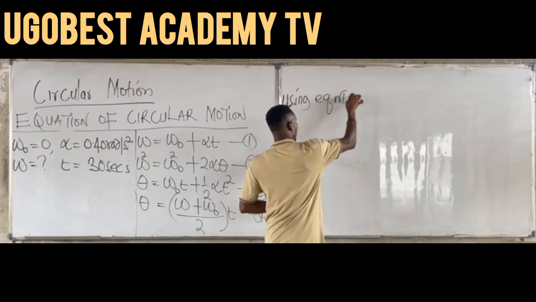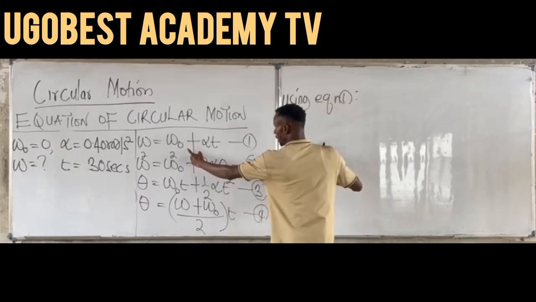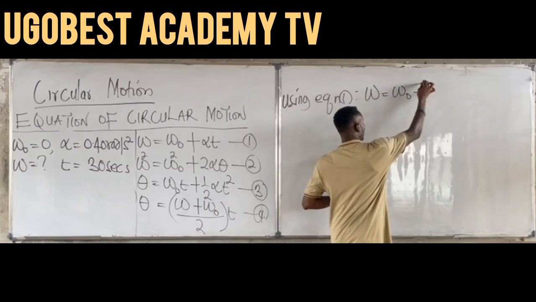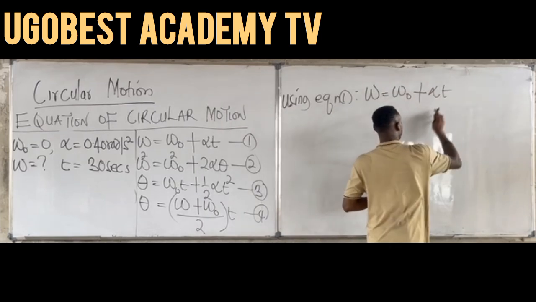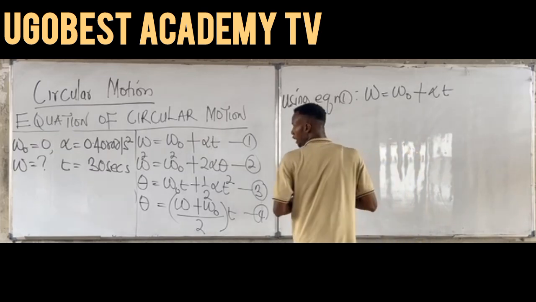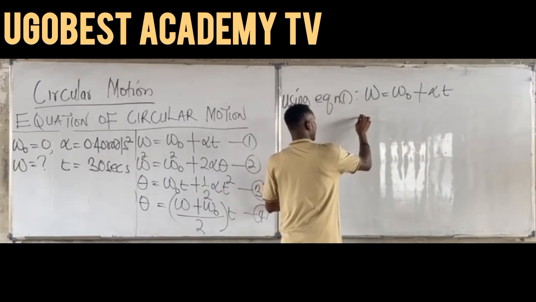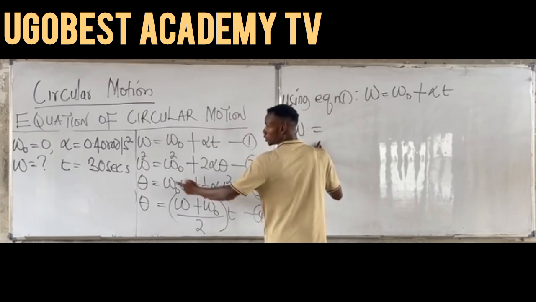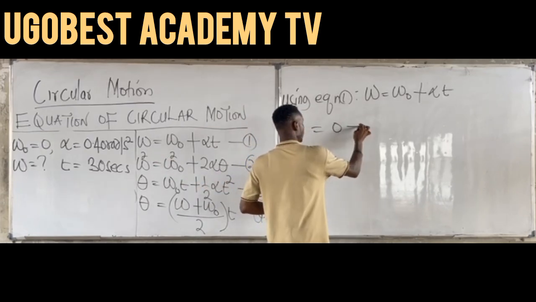So using equation 1, now this is our equation 1 here, that is omega is equal to omega naught plus alpha t, alright? Now let's replace these one after the other here. Omega is not given to us here. So omega is equal to omega naught, which is 0 here, plus.